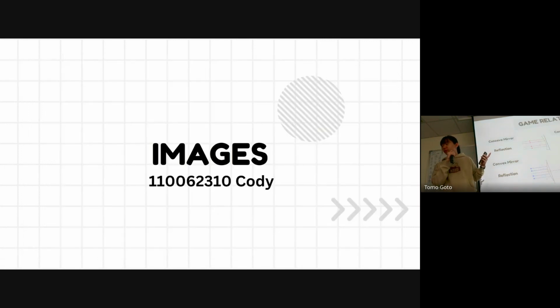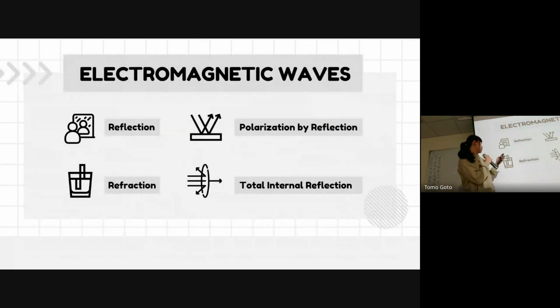The first one, reflection, is the result of electromagnetic waves bouncing back at the interface. When light strikes a surface, it may be reflected. And refraction is a fundamental property of electromagnetic waves as they propagate through different media.